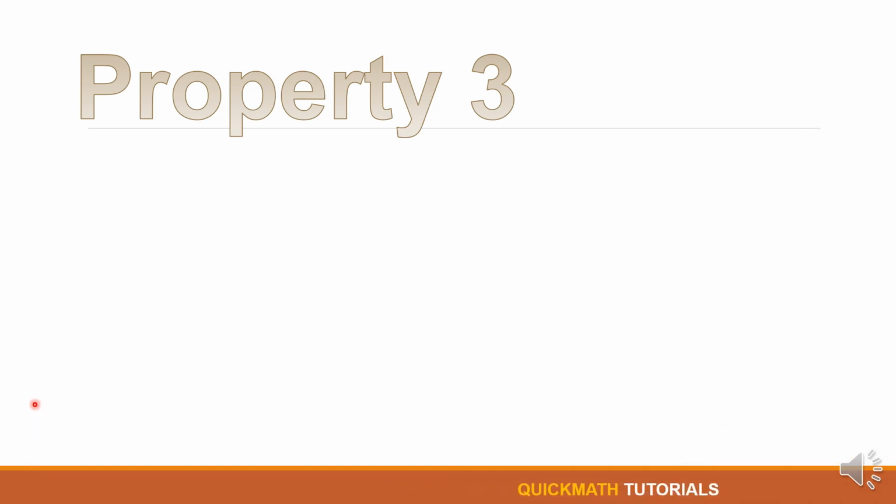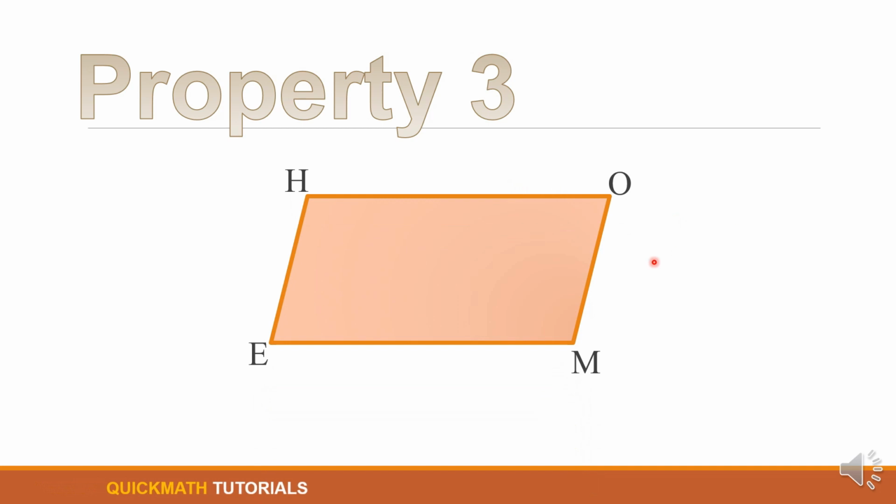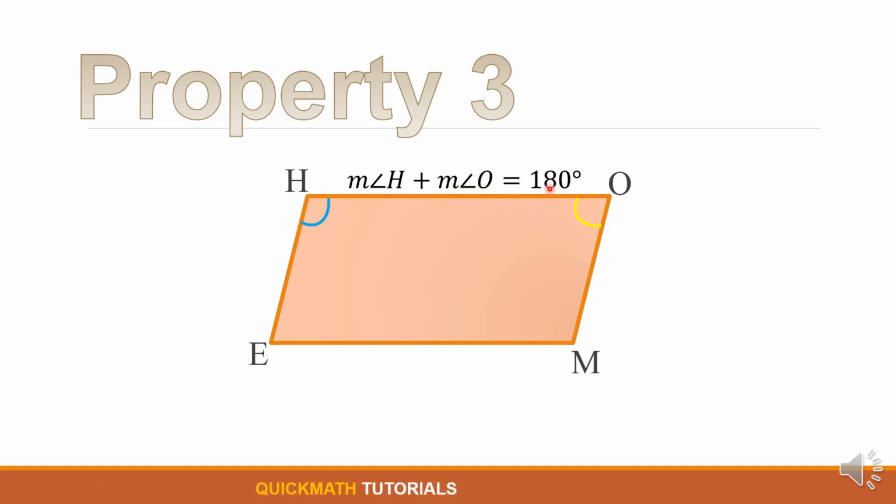Since we are done proving property number 3, here in our illustration, in a parallelogram, any two consecutive angles are supplementary. So here the consecutive angles are angle H and angle O. So the measure of angle H plus the measure of angle O is equal to 180 degrees.